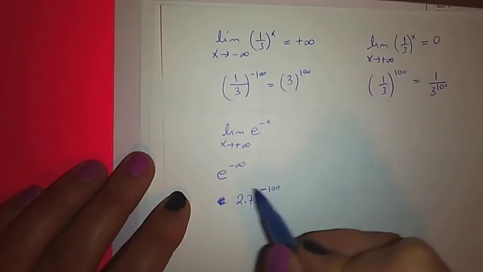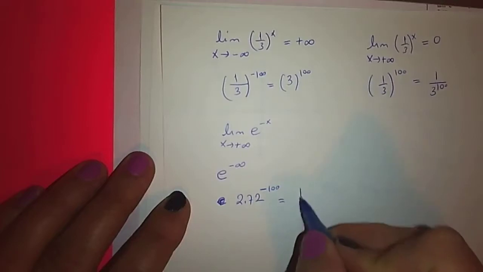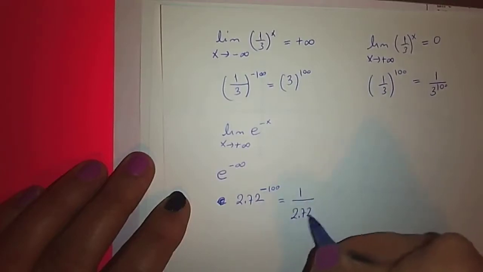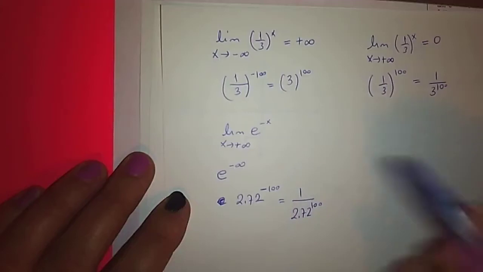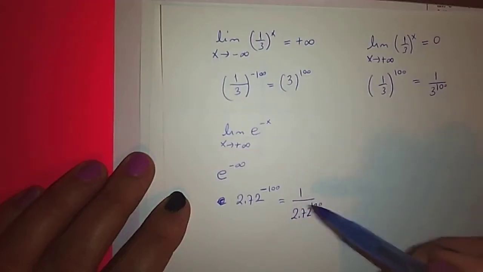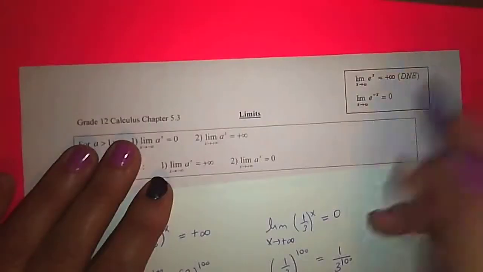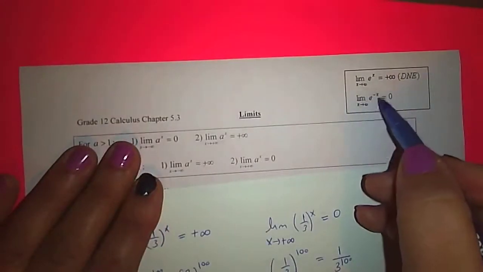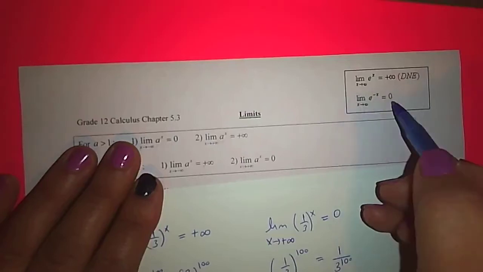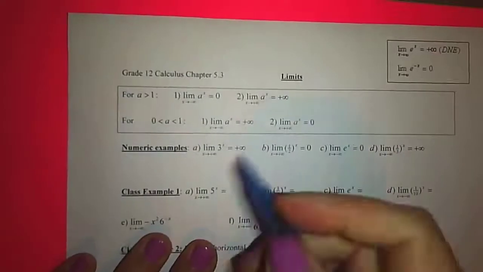To get rid of this negative exponent, you can write this as 1 over 2.72 to the power of 100. Again, you are dividing 1 by a very big positive number, so that is a very small number close to 0. That is the reason limit of e to the power of negative x as x approaches positive infinity equals 0.